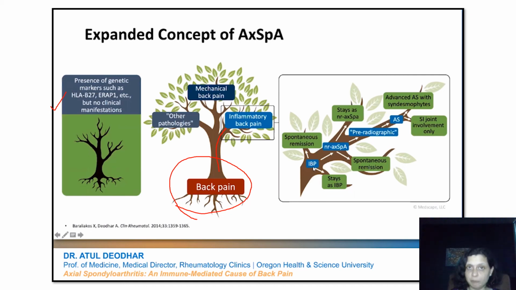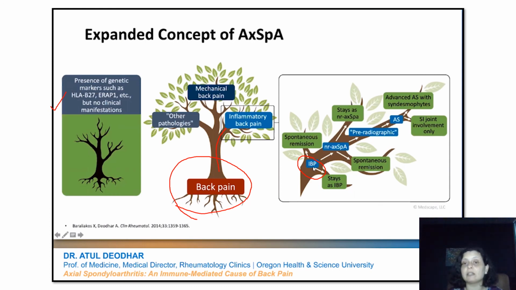So it is a type of back pain, and we spoke about that early on, right? So a lot of people could have inflammatory back pain, right? That doesn't mean each and every one of them will have axial spondyloarthritis. Only a subset of patients with inflammatory back pain go on to develop axial spondyloarthritis.